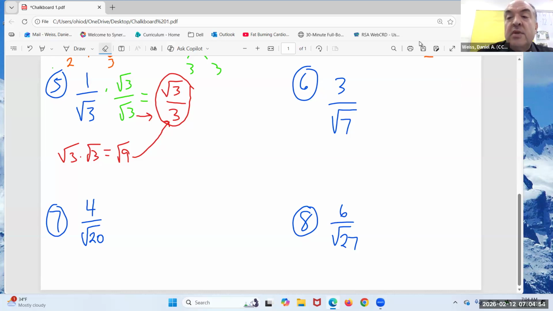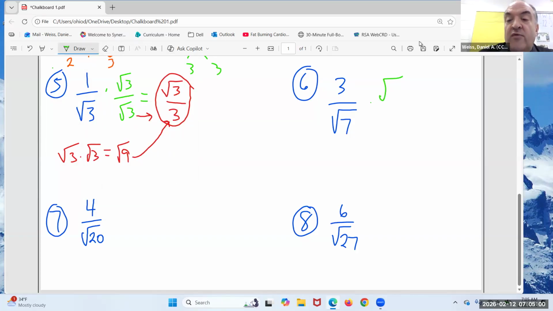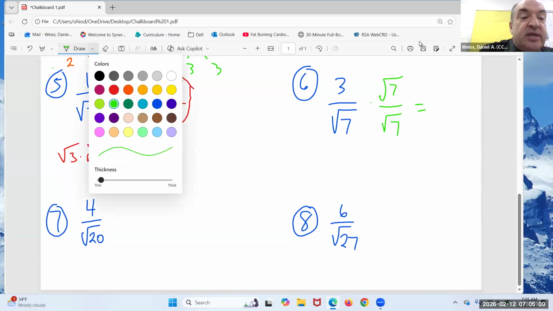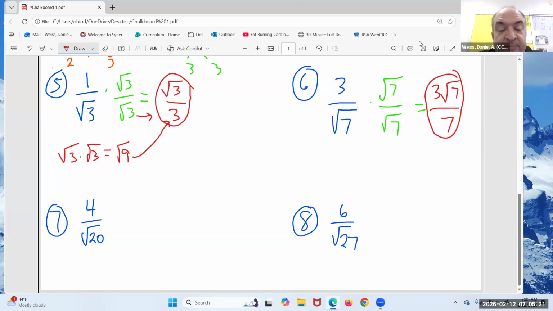Well, we're going to multiply this by square root of 7 over square root of 7, because that gets rid of the square root in the denominator. So your answer is just going to be 3 square root of 7 over 7, and you're done. That is your answer, where you do not have a square root in the denominator.